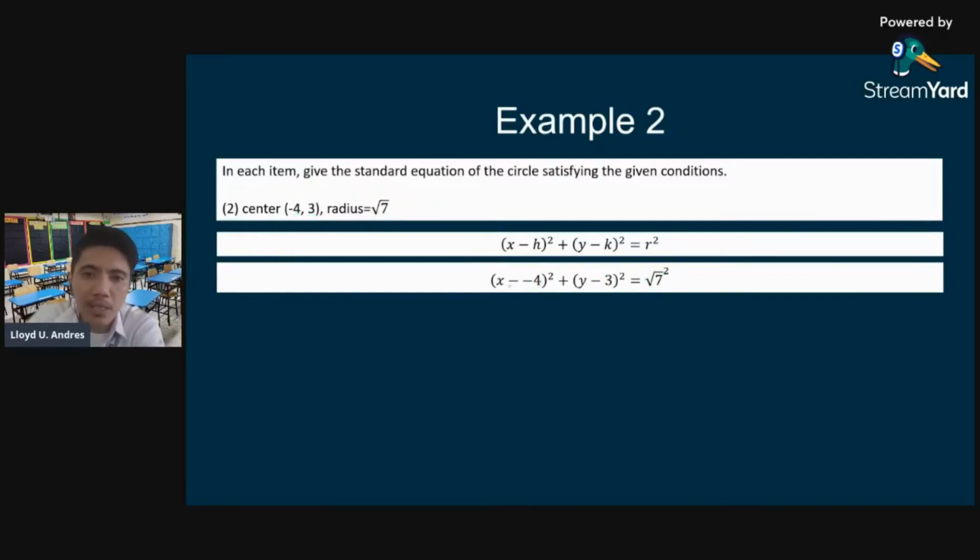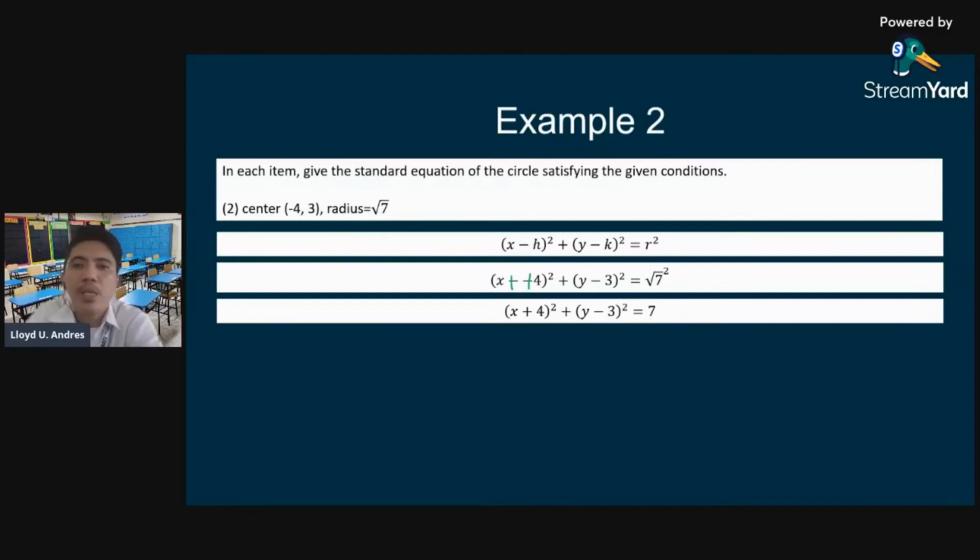Simplifying x minus negative 4: in subtracting, we need to change the sign of the subtrahend, then change the operation to addition. So that will become the quantity of x plus 4 squared.